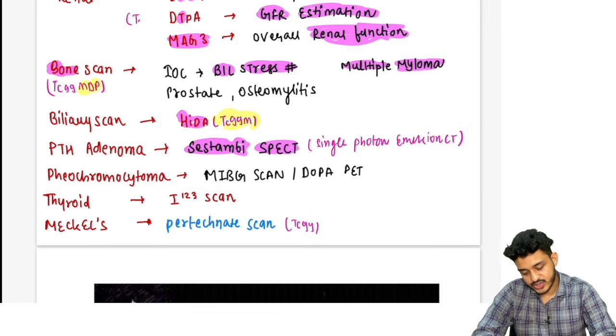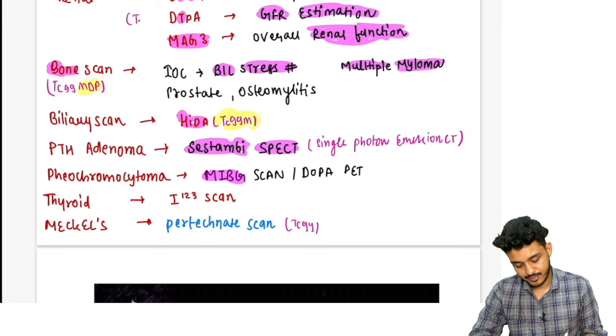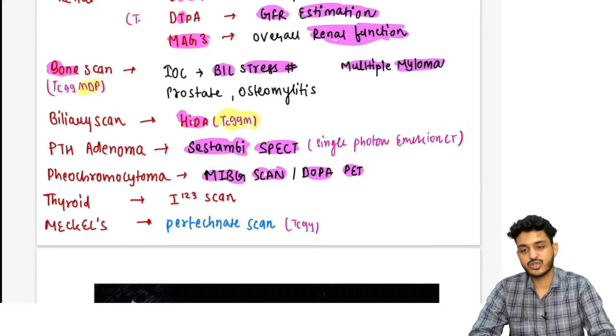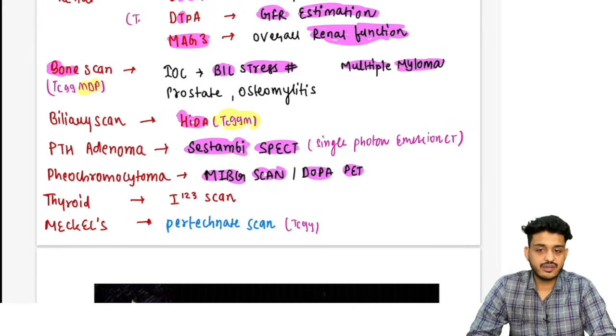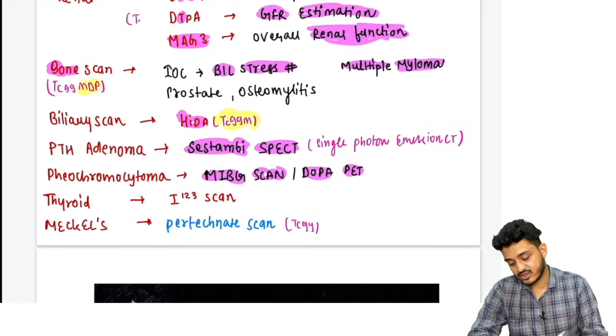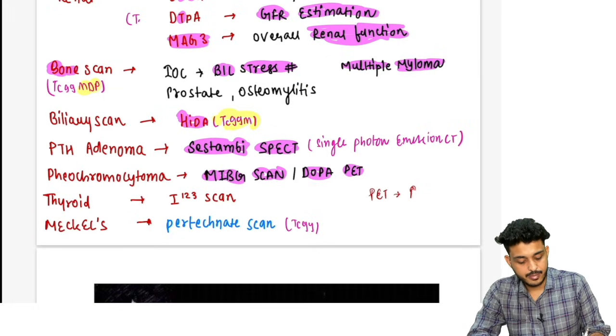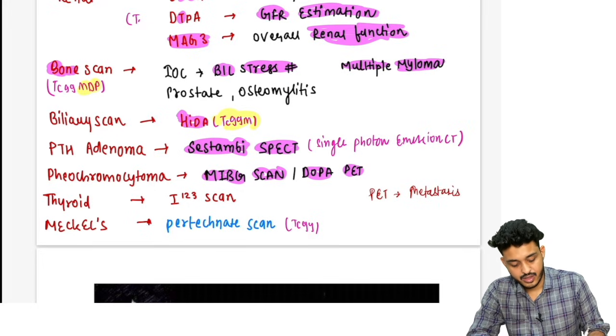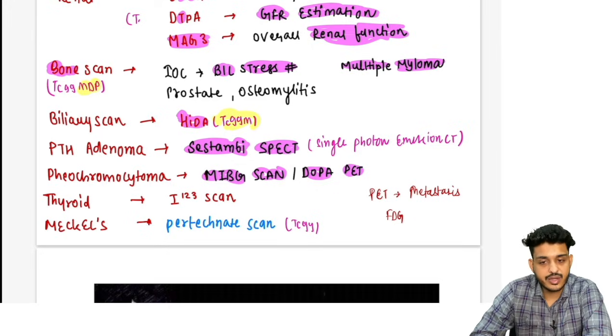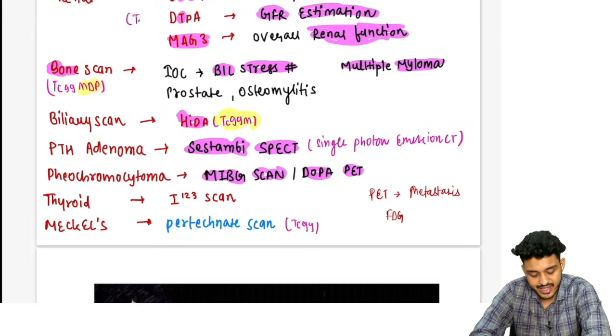For pheochromocytoma, we can do MIBG scan, or DOPA PET scan we can also do, right? PET CT we generally do for the identification of metastasis, where we use radioactive fluorodeoxyglucose, 18 FDG.